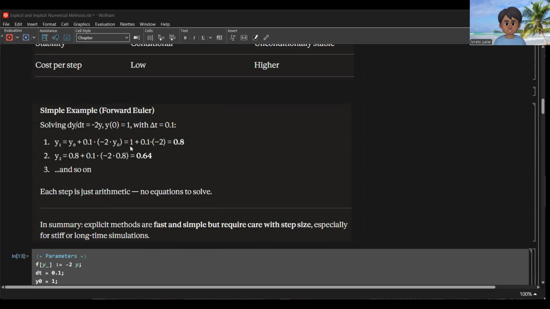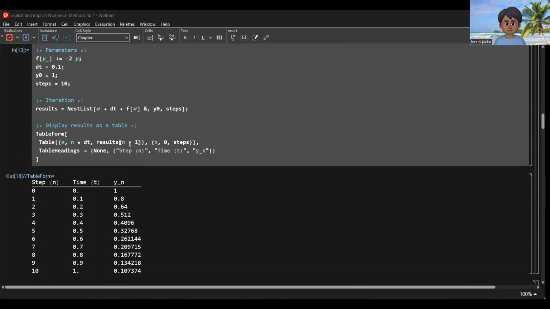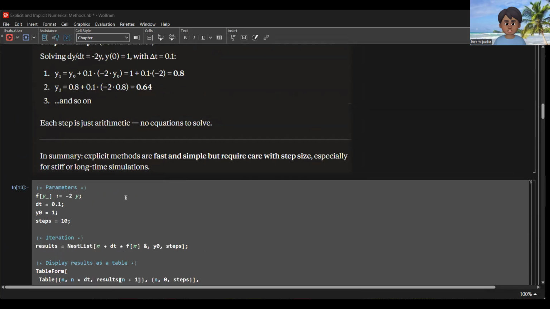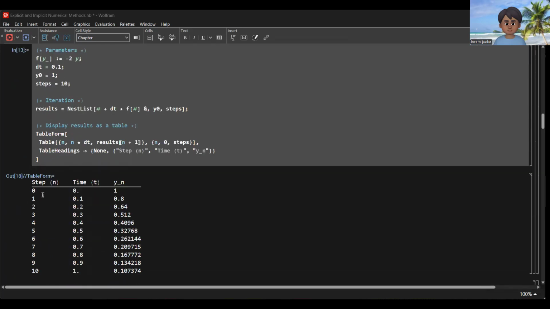Let's have 11 values for this, so from 0 to 10. The time interval here is 0.1, then 0.1 plus 0.1 is 0.2, 0.2 plus 0.1 is 0.3, up to 1 here. Then we have the corresponding value for y sub n.